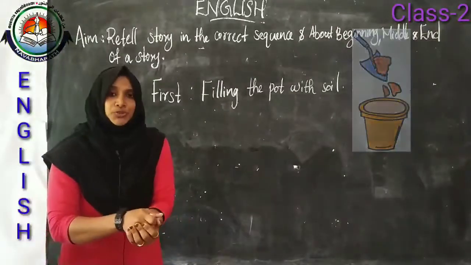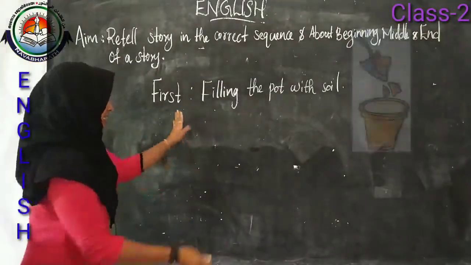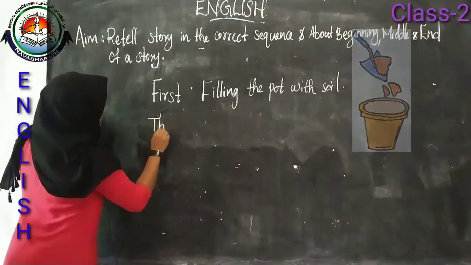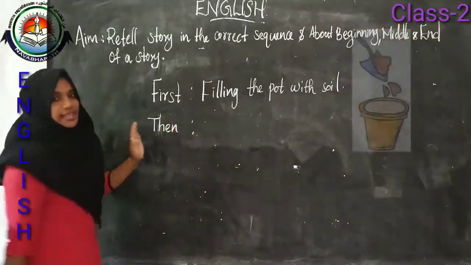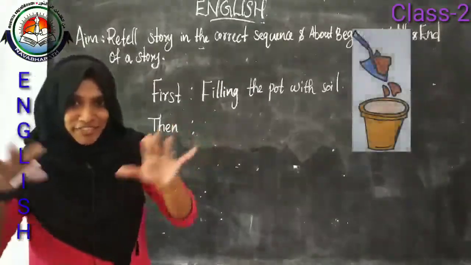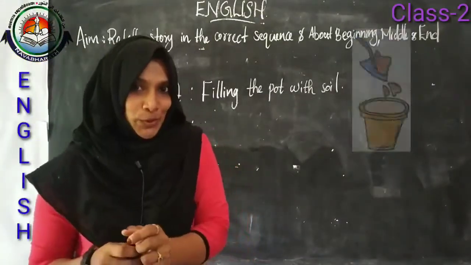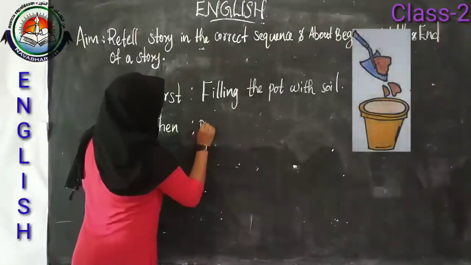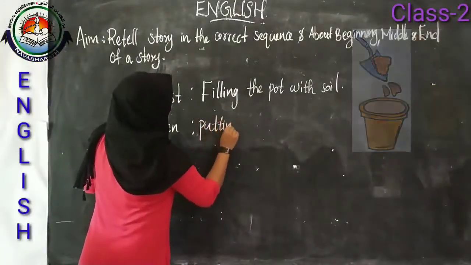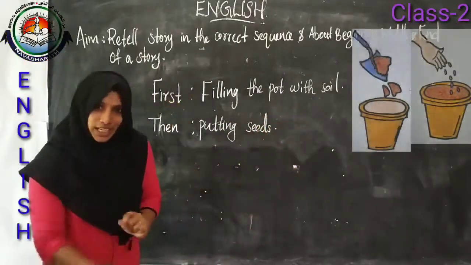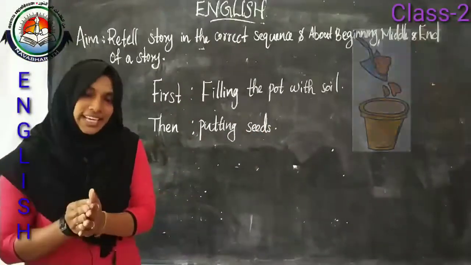Then which step do we need to take after? Yes, after filling, we need to put some seeds into that pot. So, putting seeds into the pot. This is the second one.